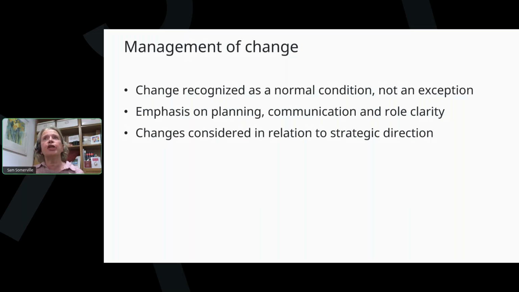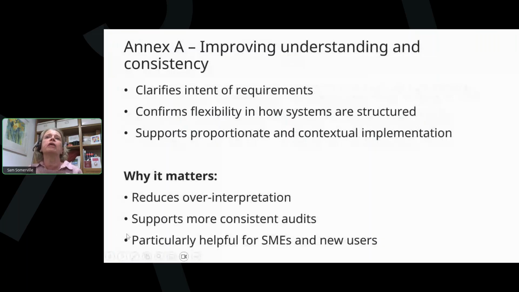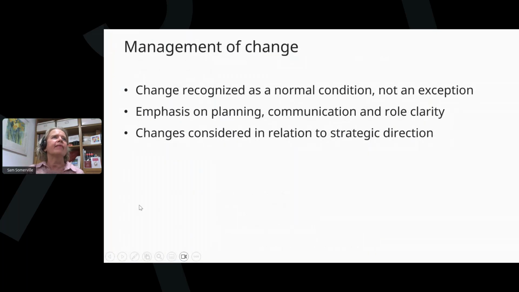Global feedback also showed us that unmanaged change is one of the biggest causes of system failure. Small changes done badly can often cause much more and wider issues than sometimes big changes done well.